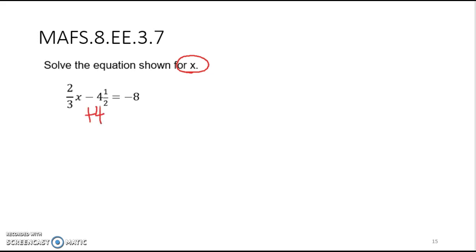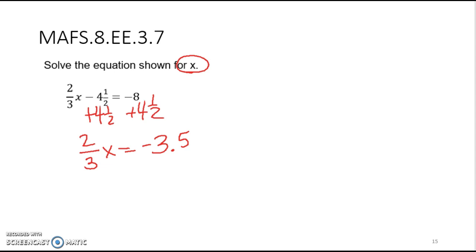I need to add this 4.5 to both sides. So 2/3 x equals negative 8 plus 4.5 is equal to negative 3.5. All right.